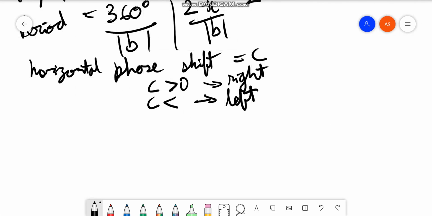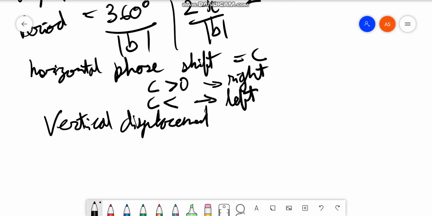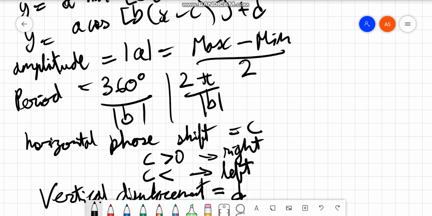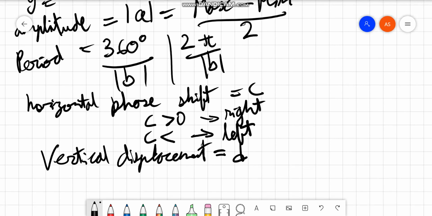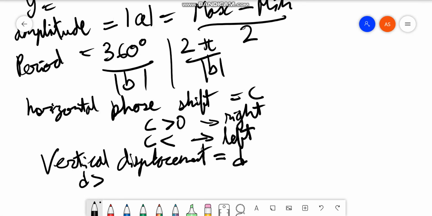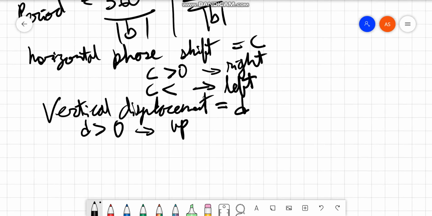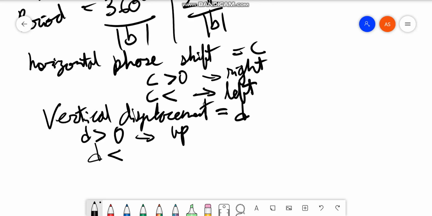Now the vertical displacement is d. So if d is positive, then it means the graph has moved up, and if d is less than 0, then the graph has moved down.